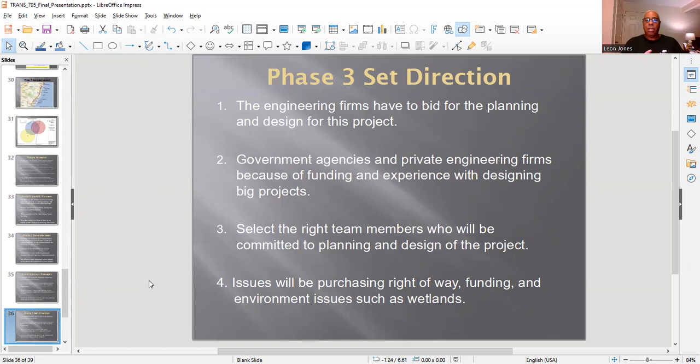Got to select the right teams who will be committed to planning and designing of the project. Now, there will be some issues along the way. Purchasing right of way, funding, and then there'll be environmental issues such as wetlands.